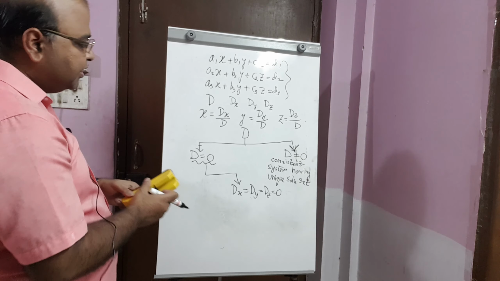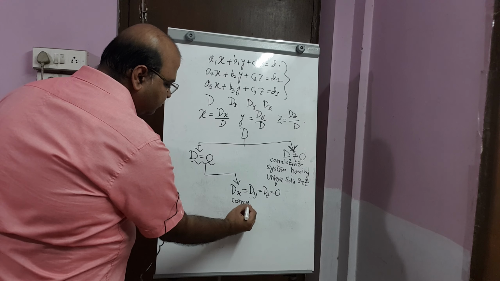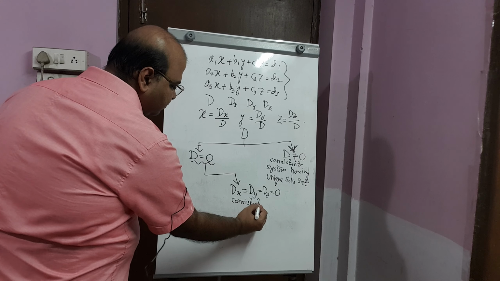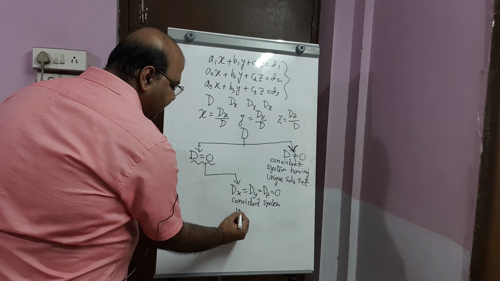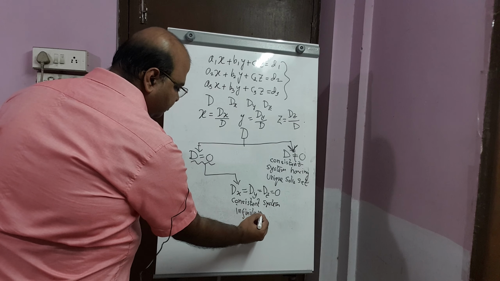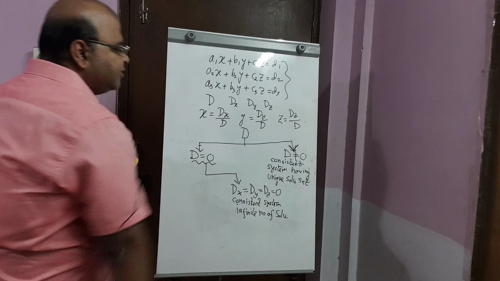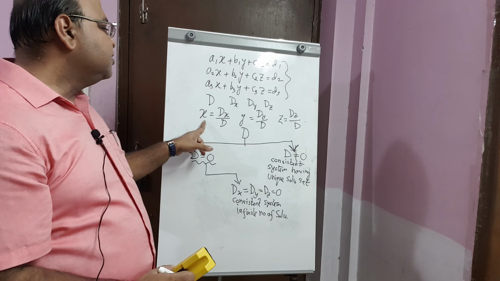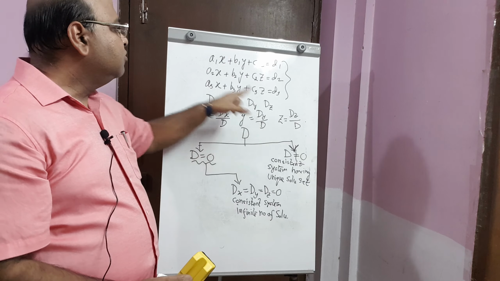So under such a case, we shall have a consistent system but having an infinite number of solutions. That is, we can find infinitely many triplets x, y, z which will satisfy all three equations simultaneously.